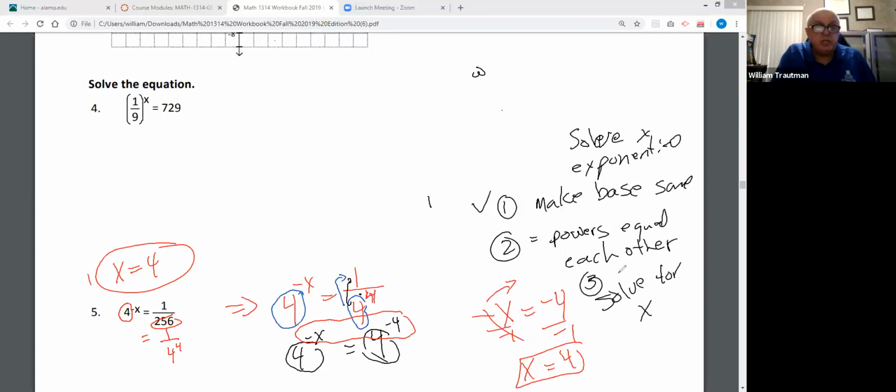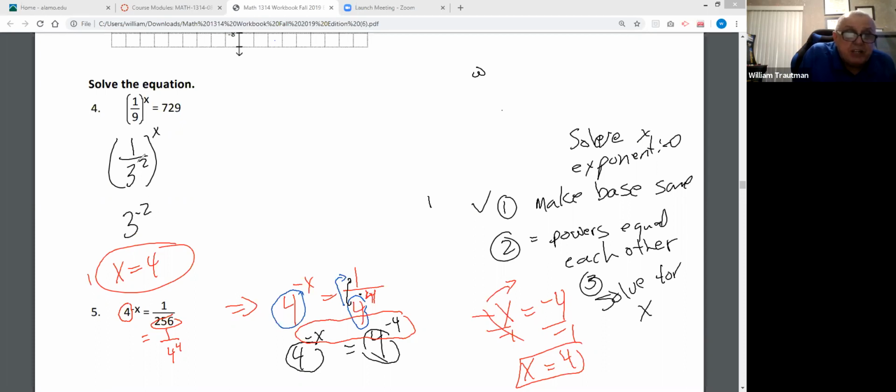All right, so we did number 5. Let's do number 4. I know now 9 is 3 to the second power. So I have to make it with a power.